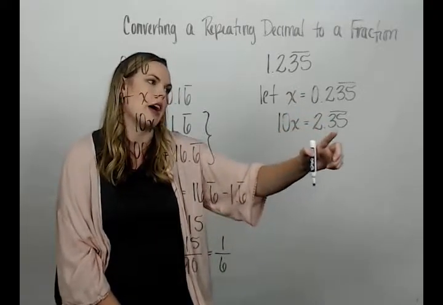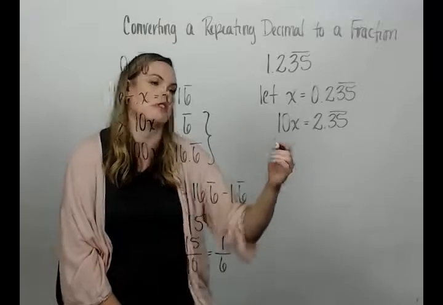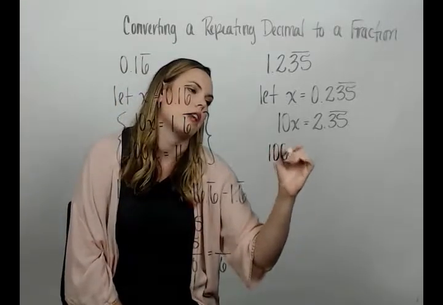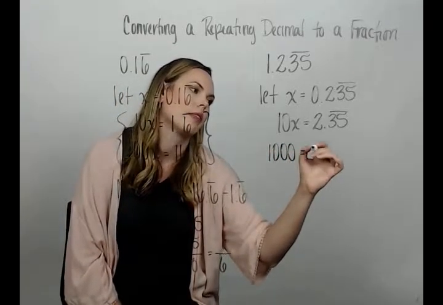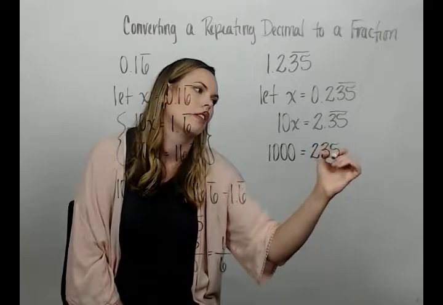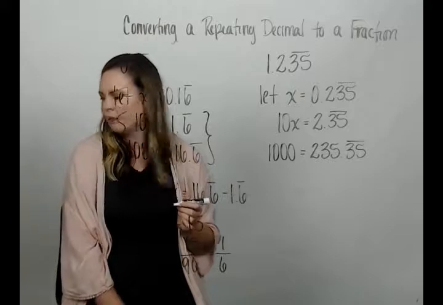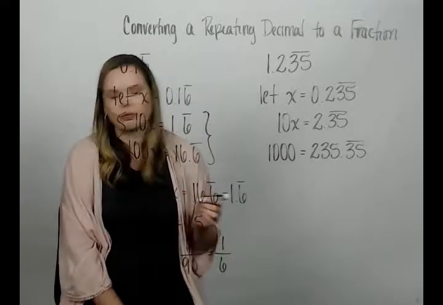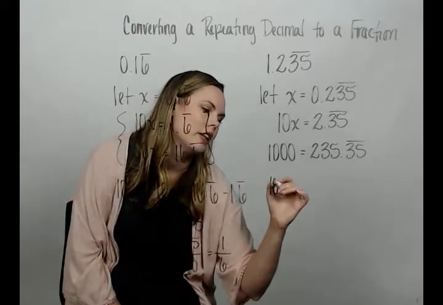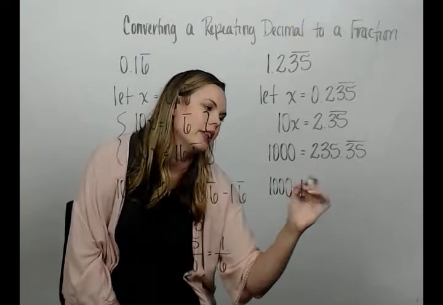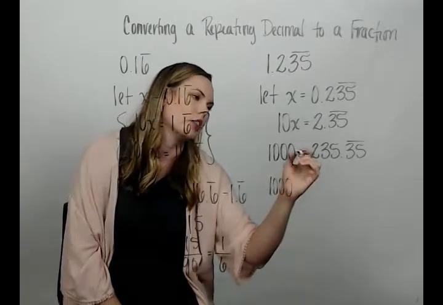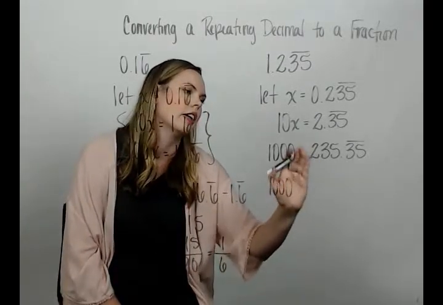So I need to multiply this equation by 100, which is going to create a 1,000x over here. All right. So then we subtract the two equations. Excuse me, I dropped my x here. It needs to be there.